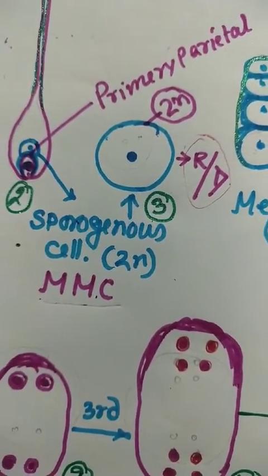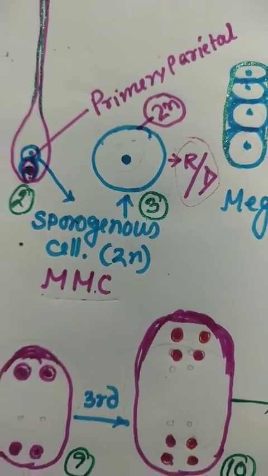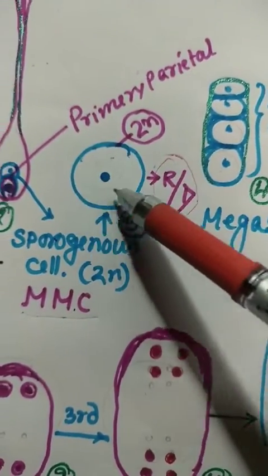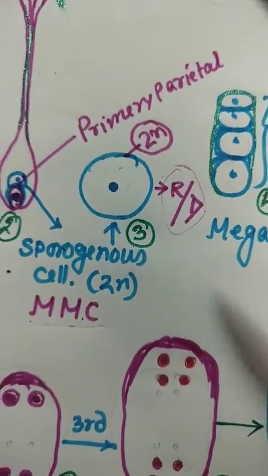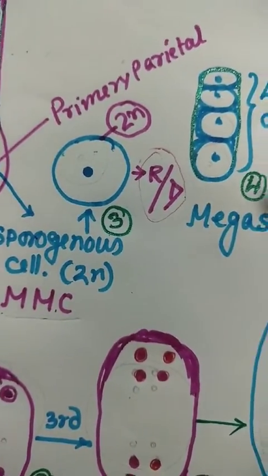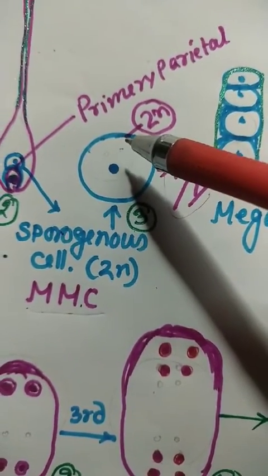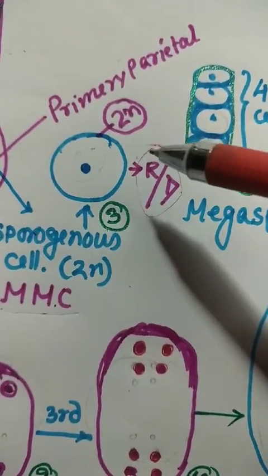Then each one undergoes reduction division. This is the difference. In megasporogenesis, this diploid cell, without any further mitotic division, directly functions as a megaspore mother cell and undergoes reduction division.